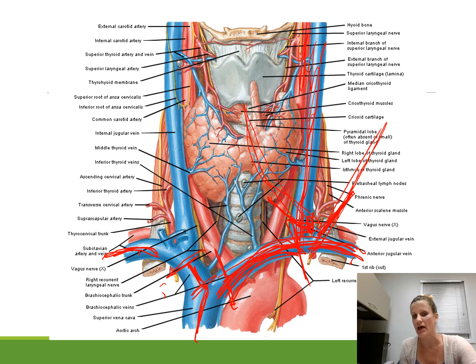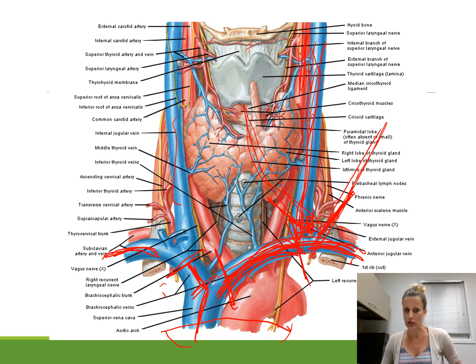And the reason for that is that, remember, we're heading over to the right side of the heart. So because we're dumping into the right atrium, we've got to get from the left side over to the right side of the heart. So that's a longer stretch than from the right side of the body. So the left brachiocephalic vein is a little bit longer than the right brachiocephalic vein.